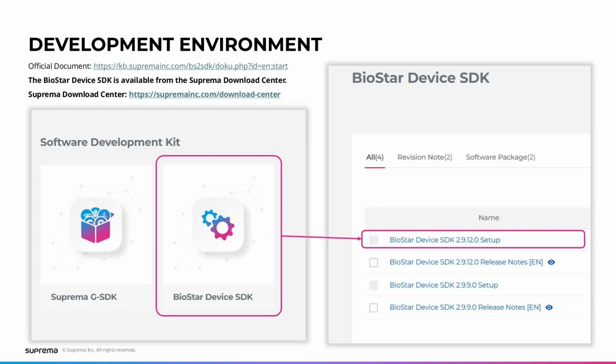If you haven't installed the BioStar Device SDK yet, you can download it from the Suprema Download Center. Before you begin, I recommend reviewing the official documentation, as it covers pre-build configuration, API references, and other essential setup information. It is also helpful to keep the documentation page open during development.